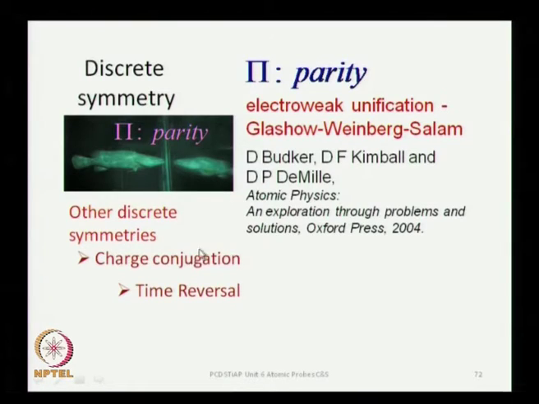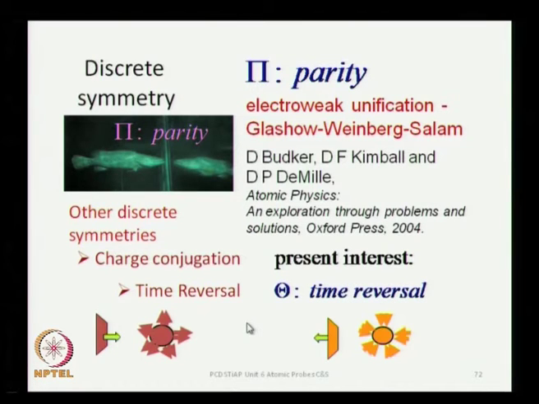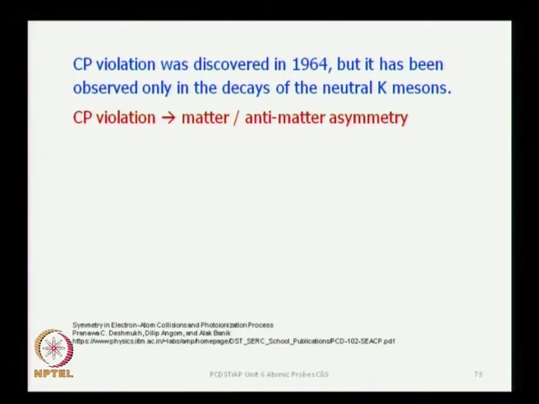Then there is charge conjugation as well as the time reversal. Our interest is in relating these two phenomena and how the time reversal symmetry connects solutions of collisions to the solutions of photoionization. That is our focus in the present discussion. But remember that CP violation has been observed, and if CP is violated, time reversal symmetry also ought to be violated, and you can look for that in atomic physics also.